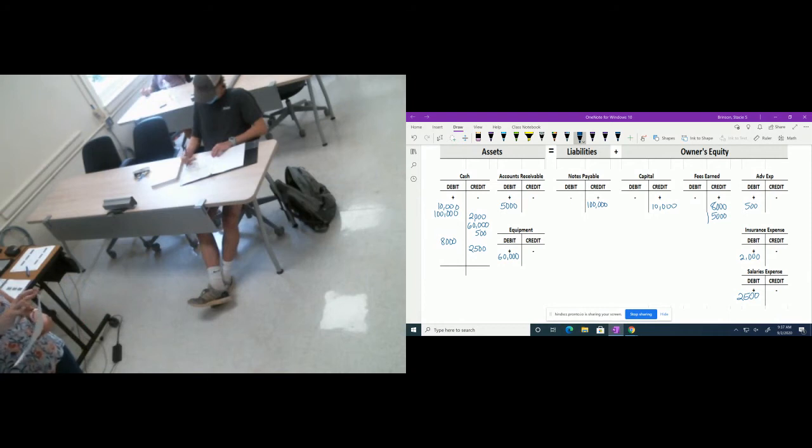Okay, so let's figure out what our balances are real quick, and then we'll move to the next thing. What would be my balance in cash? First of all, what is my normal balance in cash? Debit side, so 118,000. Well, yeah, you have 118,000 in debits, but you have to subtract credits. It's like your checking account.